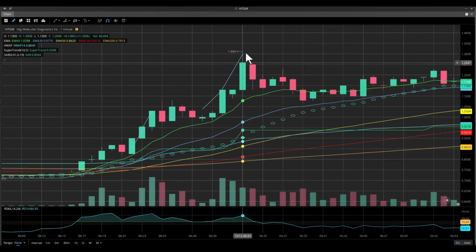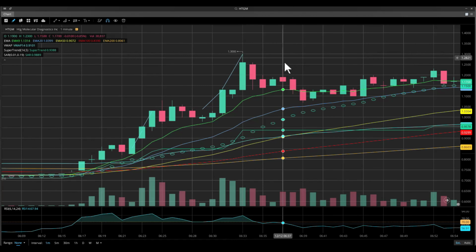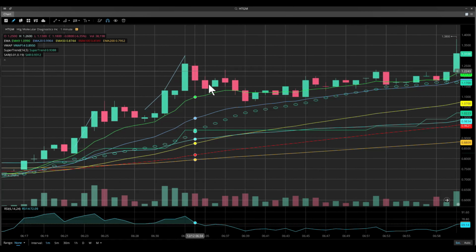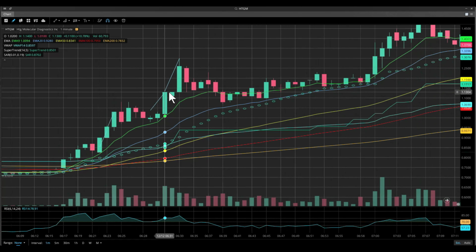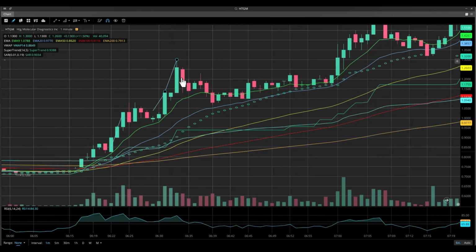So we trimmed at $1.30 again, and the price pulls down. It bounces up a little bit right here, and then it falls below $1.13. Cut your position. Right? This is pull down. The stock could be giving up right here.